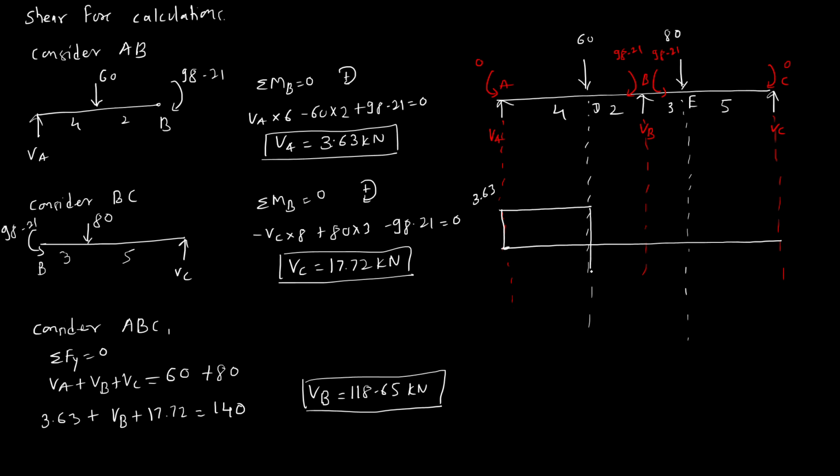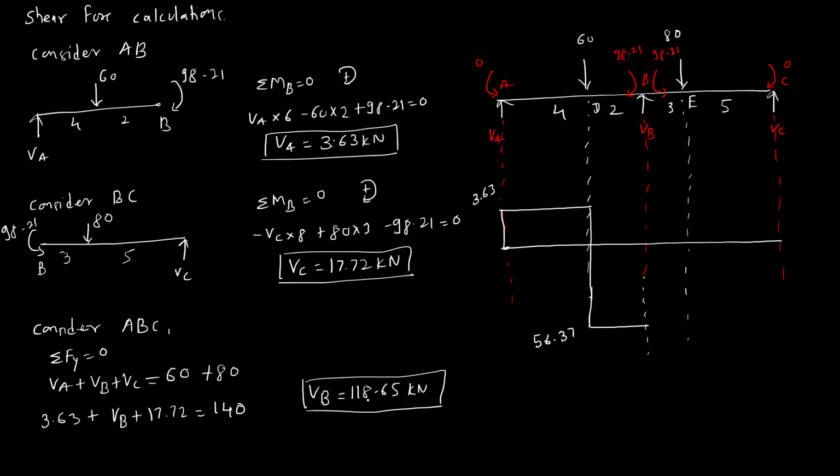So we have to come down, and this is 56.37. Now from D to B, it is constant.